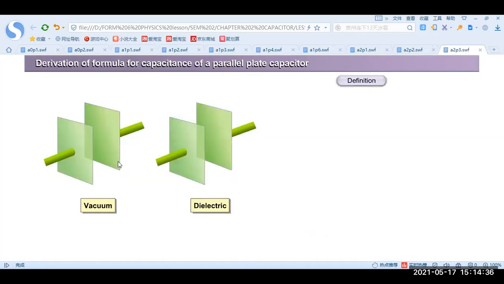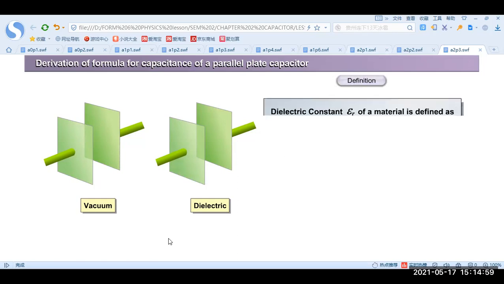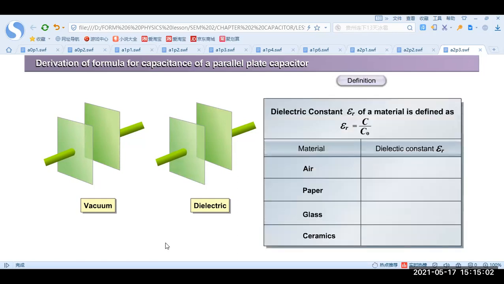Now, consider the two plates separated in a medium of vacuum, that means without any molecule or any material in between the two plates, just vacuum. Another case is with a dielectric. First, the definition. The dielectric constant epsilon R of a material is defined as epsilon R equals C over C naught. That means it will be a constant.